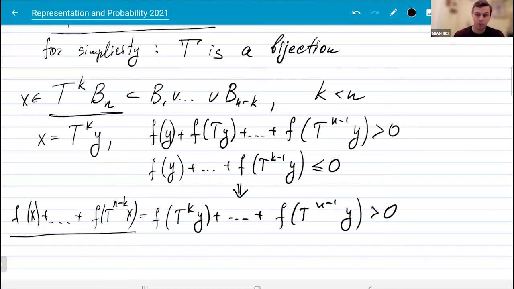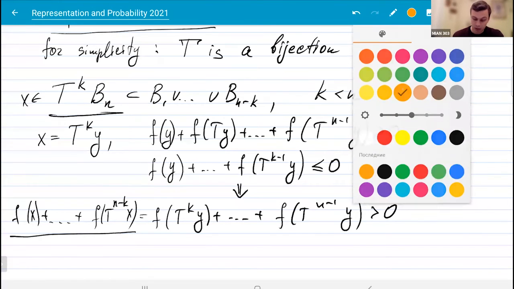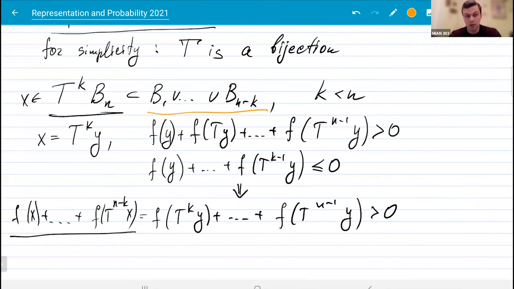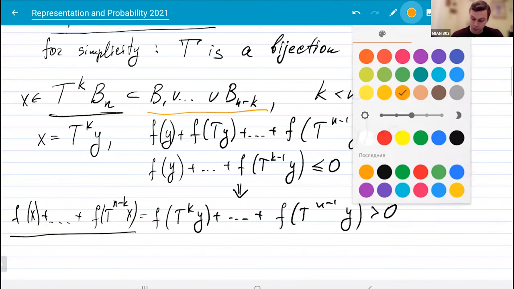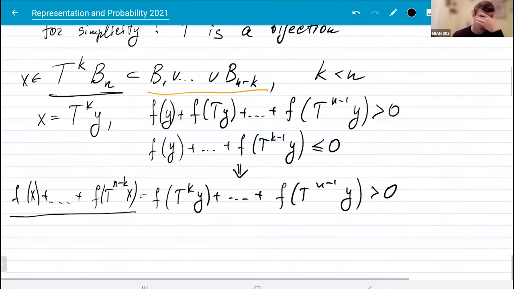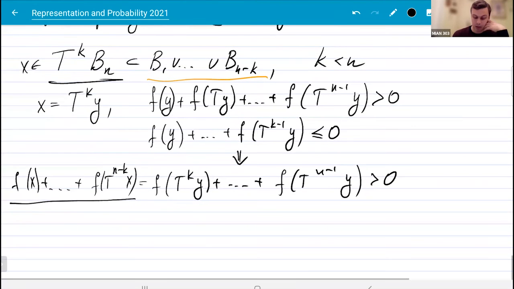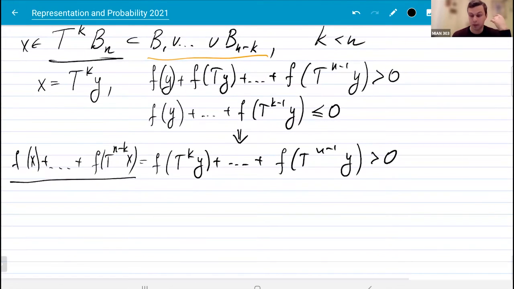But if you take the sum with the smallest possible number, then you see that this x belongs to the right hand side here. So we have this inclusion.